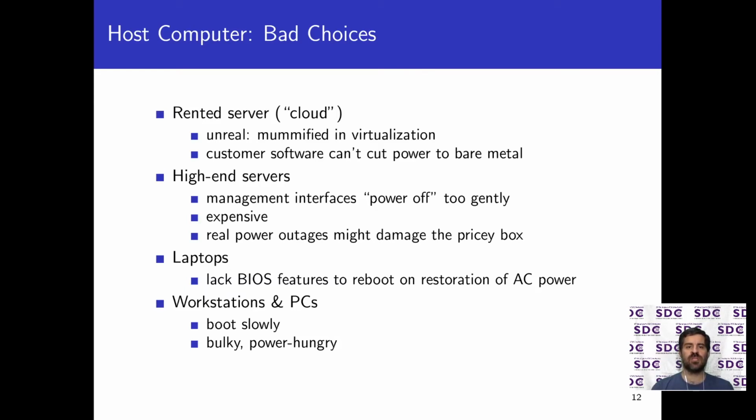If you use their management interfaces to power off the server, as we discussed earlier, that's gentler than a real power outage and might mask problems. On the other hand, if you subject a pricey server to real power cutoffs, you run the risk of frying it. They are not designed to survive tens of thousands of power failures. That's why the management interface for turning it off is gentle.